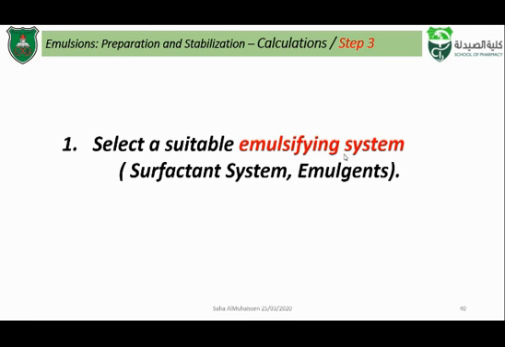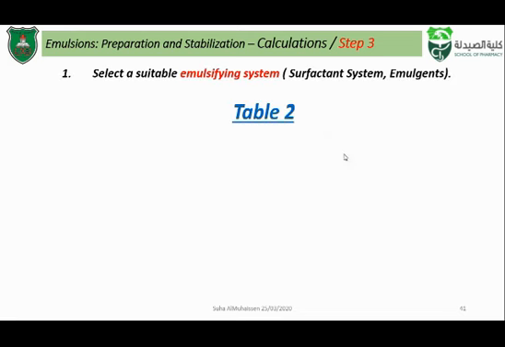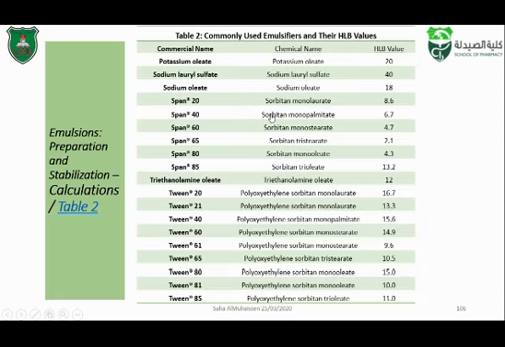Remember, these emulsifying systems are composed of emulsifying agents. And here is a table to show you some very well-known emulsifying agents. The spans and the tweens are very well known to do so, with some other well-known emulsifying agents or emulsifiers.